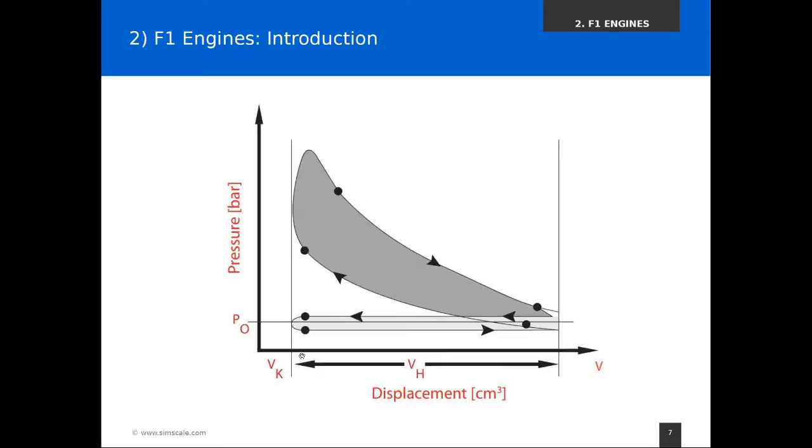And with volume, I mean actually the volume that is enclosed between the piston and the valves and the enclosing walls. So as we see, for example, as the piston moves upwards, it compresses the mixture, and this means the volume decreases, so we are traveling here along the x-axis to the left. So compression means we're actually traveling from right to left.